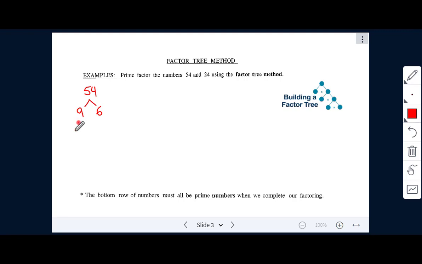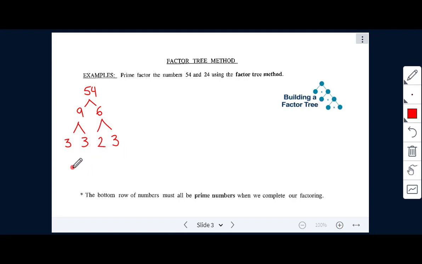So now I can split each of these into their factors. So the number 9, the two factors for number 9 would be 3 and 3, and two factors for 6 would be 2 and 3. So now if we look at our last row of numbers here, these are all prime numbers. So 3, 3, 2, and 3 are prime numbers.